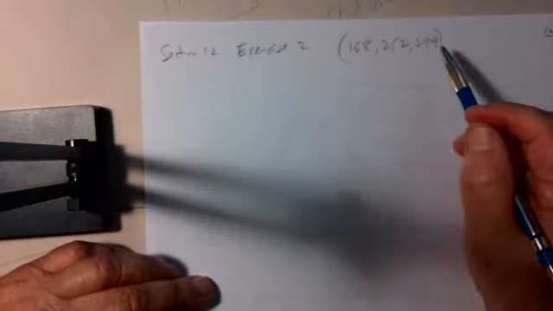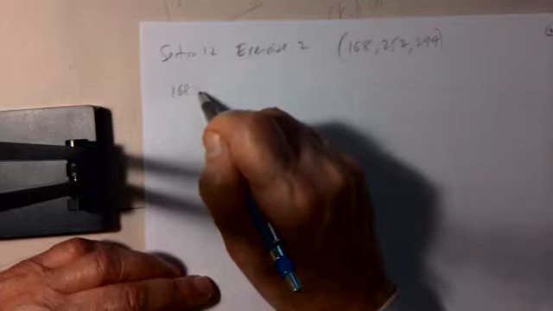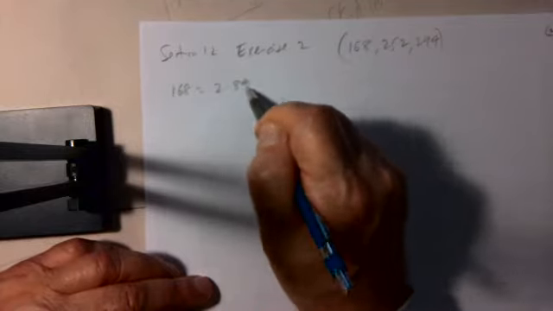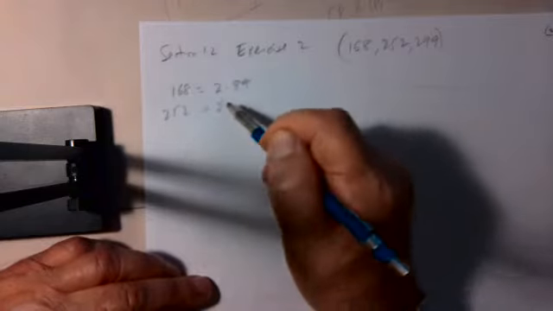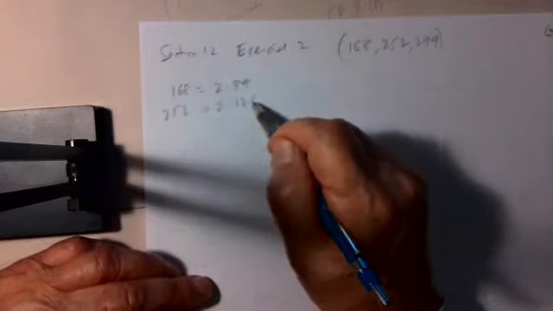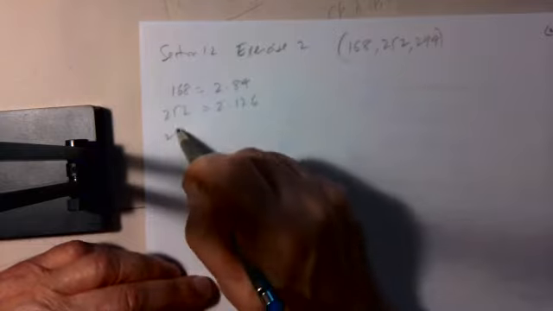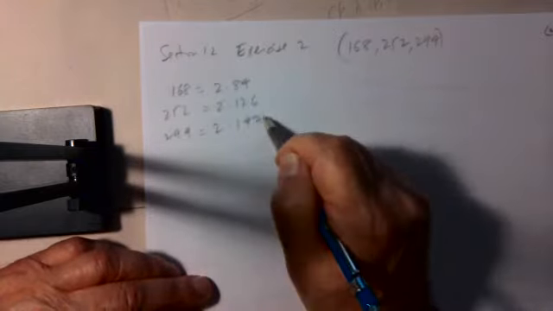And the first thing we see is that each of these is even. So 2 is certainly a common divisor. 168 is 2 times 84. 252 is 2 times 126. 294 is 2 times 147.